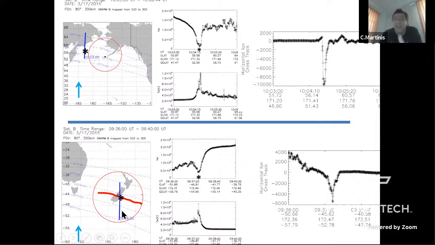Now, the satellite is moving northward, and by 10:03 is reaching the northern hemisphere close to the geomagnetic conjugate location of Mount John Observatory. At this point, basically at the same geomagnetic latitude, conjugate latitude, we see similar features, but in this case, these features seem to be more pronounced, with the temperature reaching a couple of points almost 12,000.